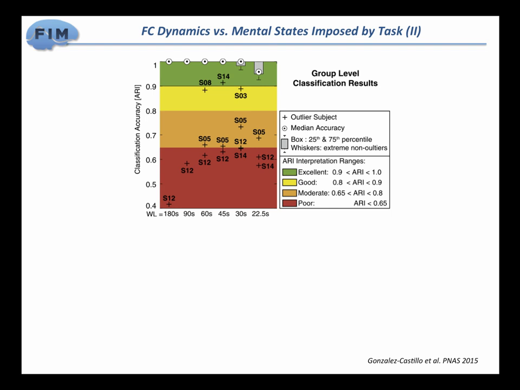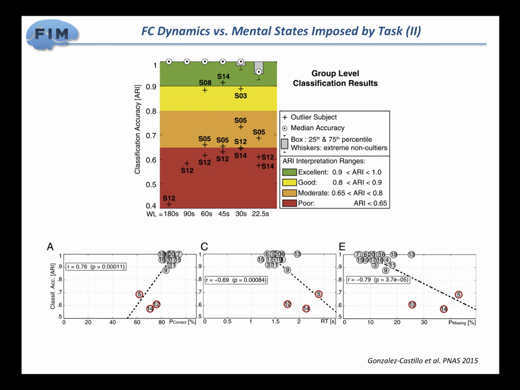But here the take-home message is that overall we were doing really, really well, yet there are a few subjects that seem to not be doing that well all the time. Because we took responses as subjects were doing the task, we can go back and look to see if maybe those are the subjects that weren't doing the task as consistently. And that was the case.